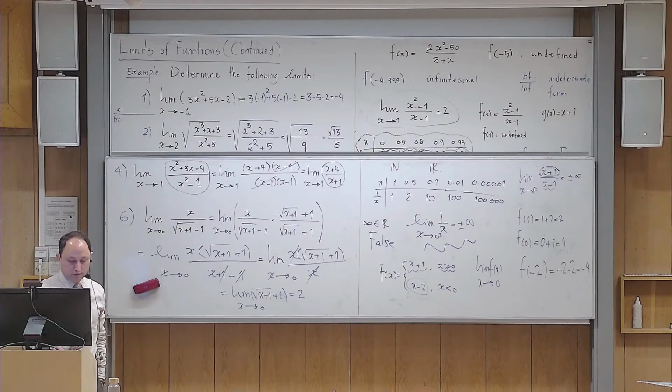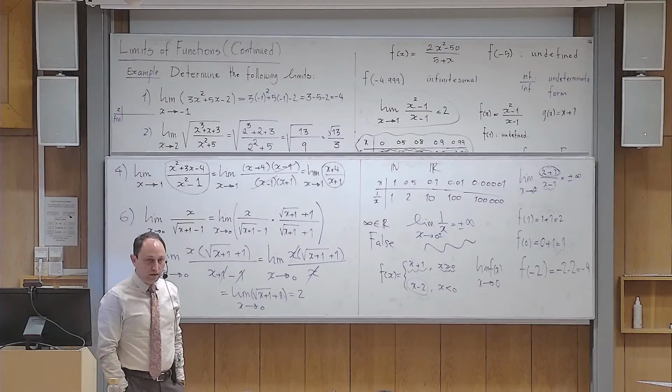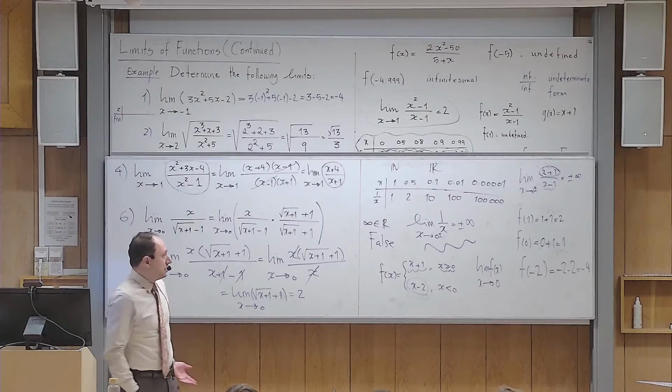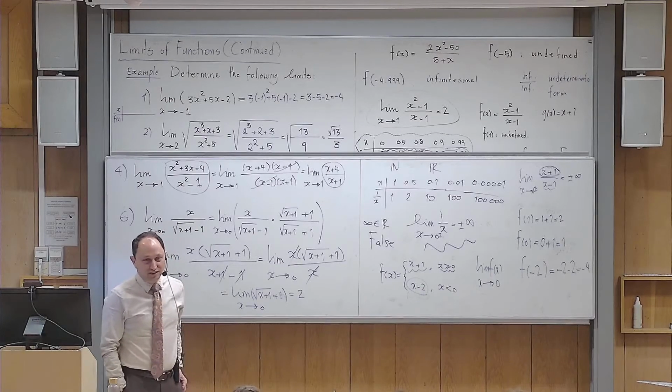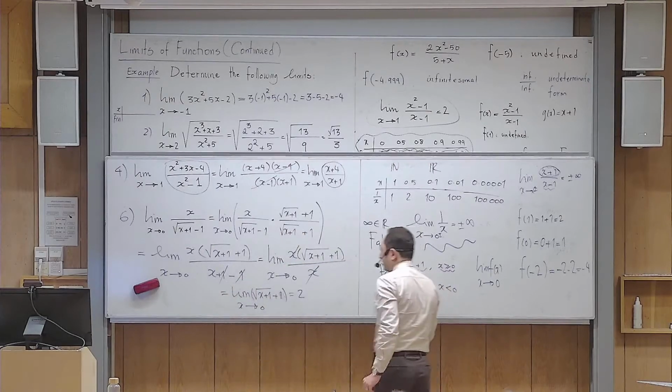Okay, thank you. We have a limit that approaches infinity. Are you really allowed to write that the limit is equal to positive or negative infinity? Yes, as far as you understand the definition.